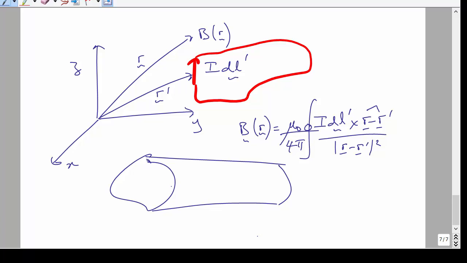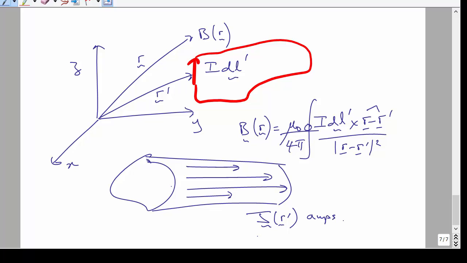So imagine I've got a fat wire, if you like, or a volume in space. It doesn't have to be a wire. But the important bit is that I'm going to have a current flow in here, and that current flow can be a function of position. And we're going to introduce a vector quantity. I'm going to call it J of R prime, which has units of amps per square meter.